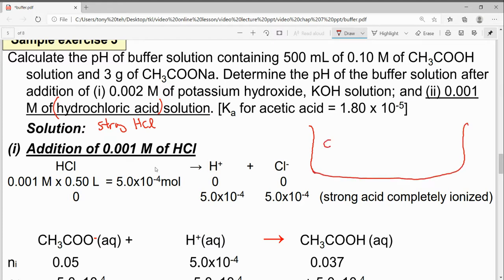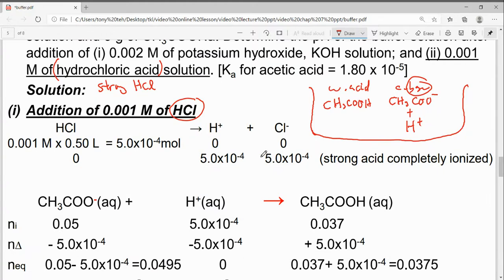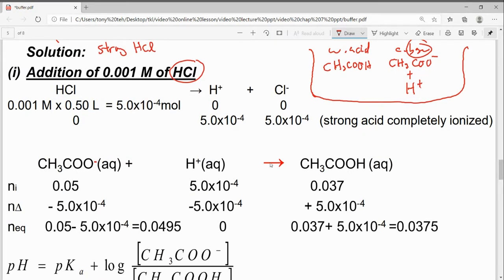In the buffer solution, we have weak acid and also conjugate base. If we add strong acid, it means acid will react with base. Remember, strong acid completely dissociates. Because only a small amount is added, it is the limiting reactant.